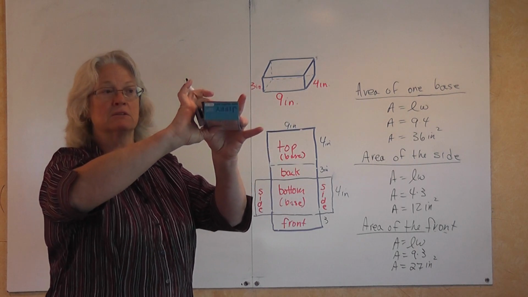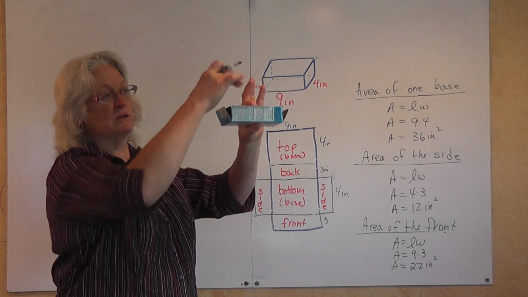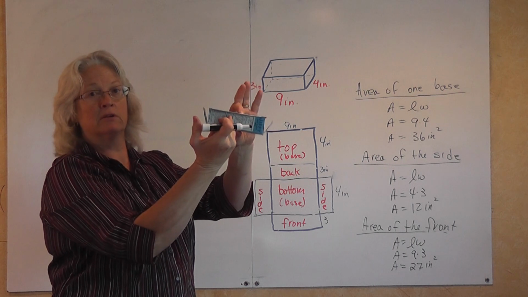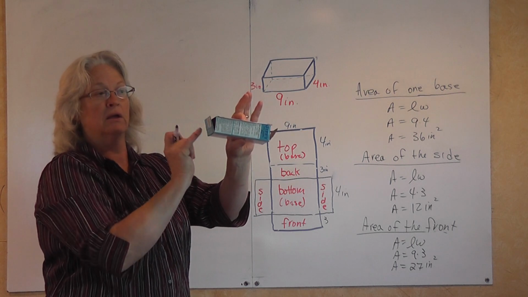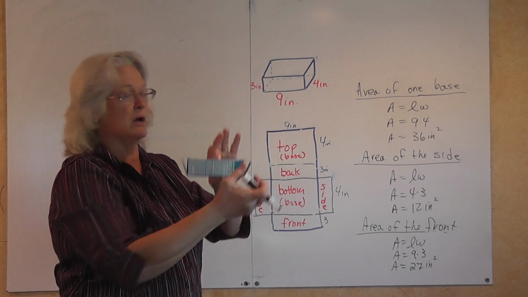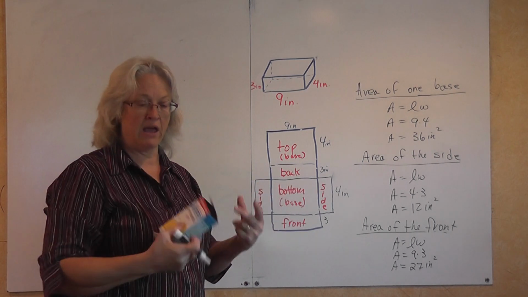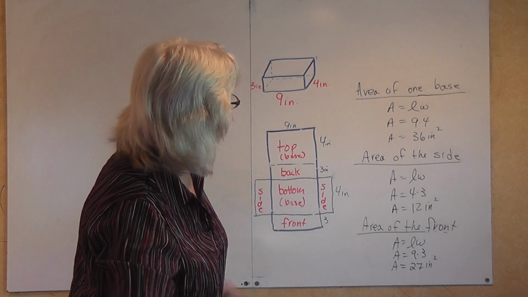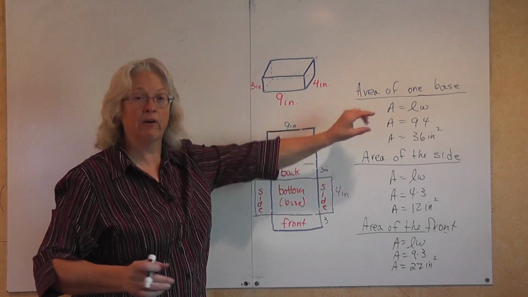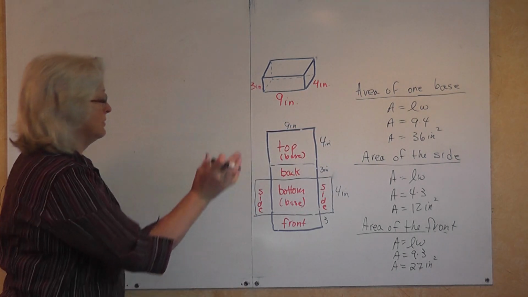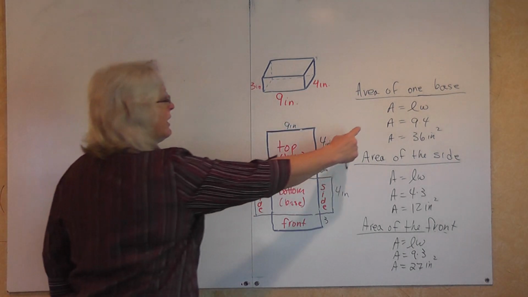Area of the bases, area of the front, area of the back, area of the sides. So you're going to have to add all of these values together. What's the area of the base going to be? Well, it's going to be twice.